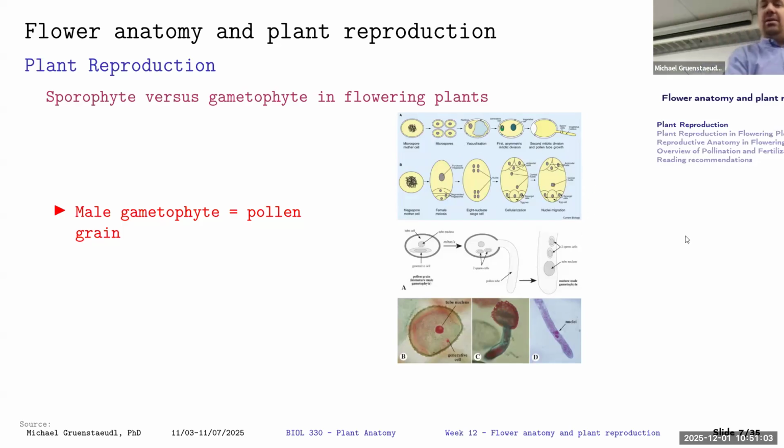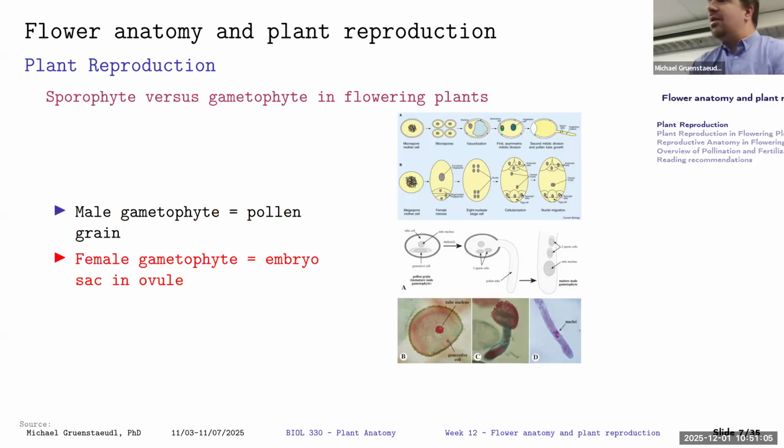The female gametophyte up there consists of 7 cells with, interestingly, 8 nuclei in total. But let's stick with the 7-cell part. So the male gametophyte, 2 cells large, the female gametophyte, 7 cells large.